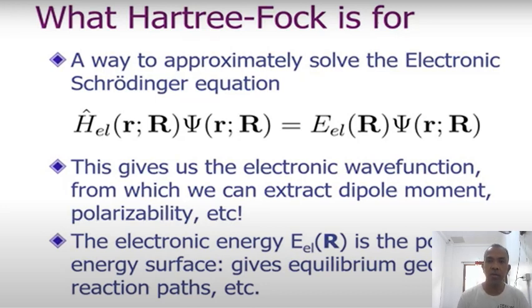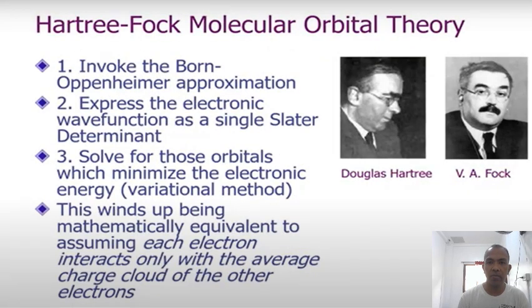We can keep tweaking the geometry to minimize energy, which gives us an equilibrium geometry, and getting the second derivative of the electronic energy with respect to nuclear coordinates will give us a vibrational frequency. So there are many things we can extract either directly from psi or from this energy or its derivatives.